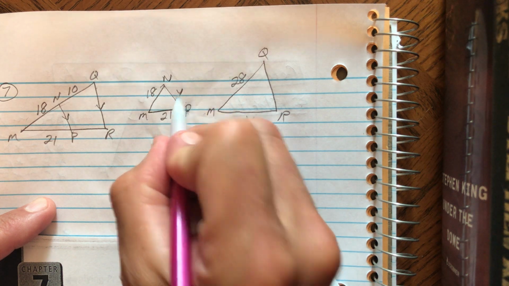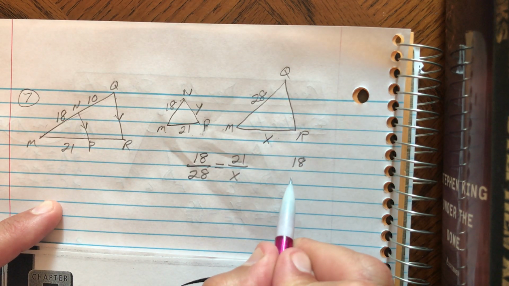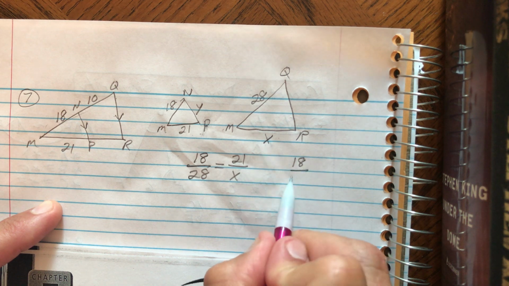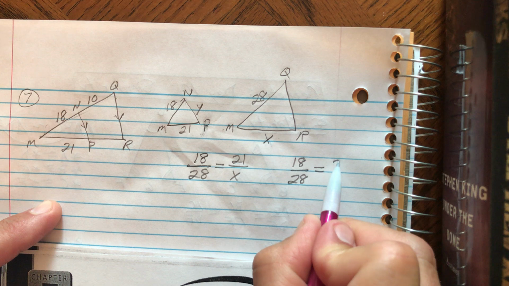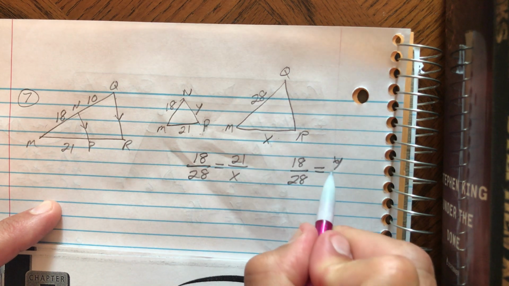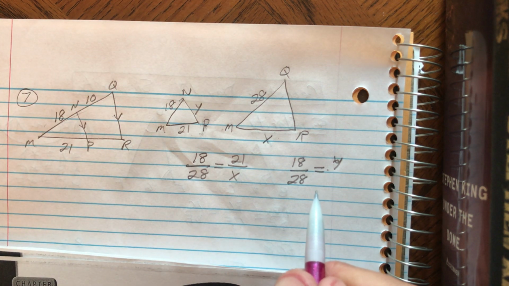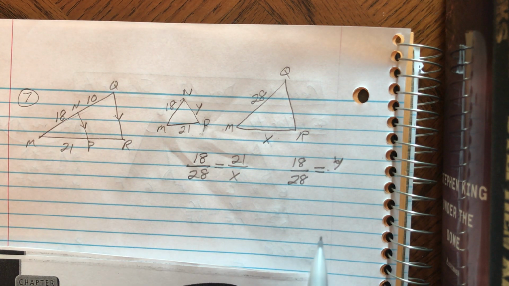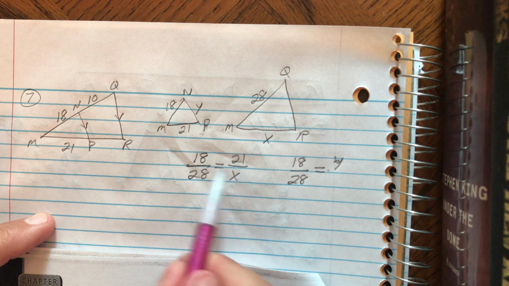To find y, you could do 18 to 28, and then y. Let's see the easiest way. Well, maybe we'll find this first.